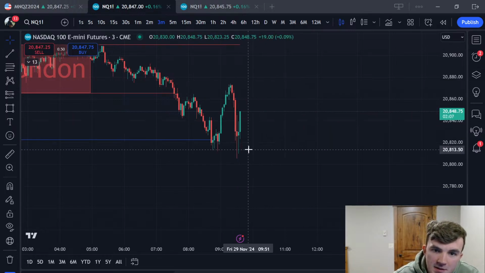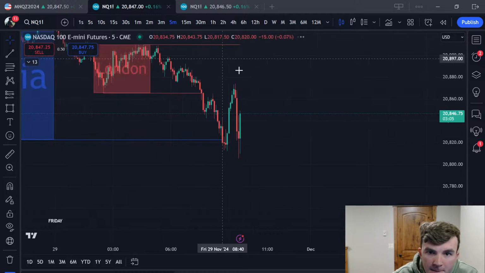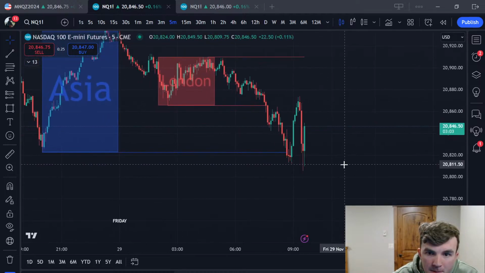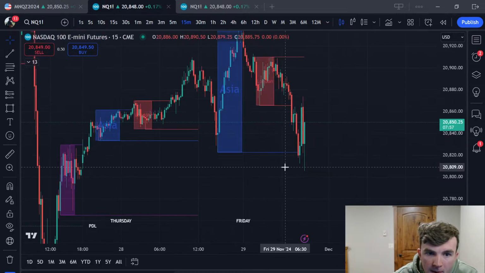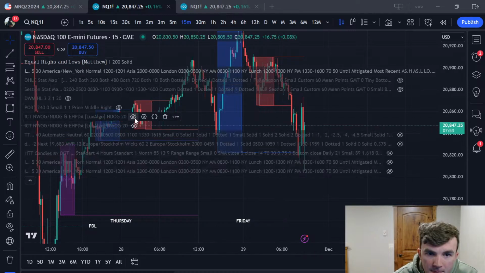It just swept out this low, reacting off that new day opening gap.